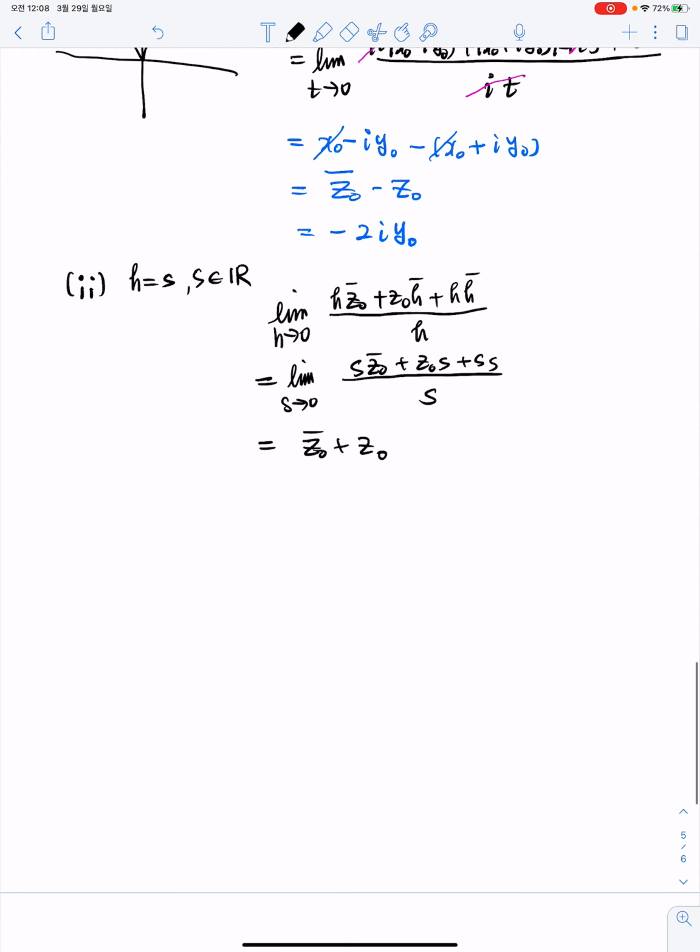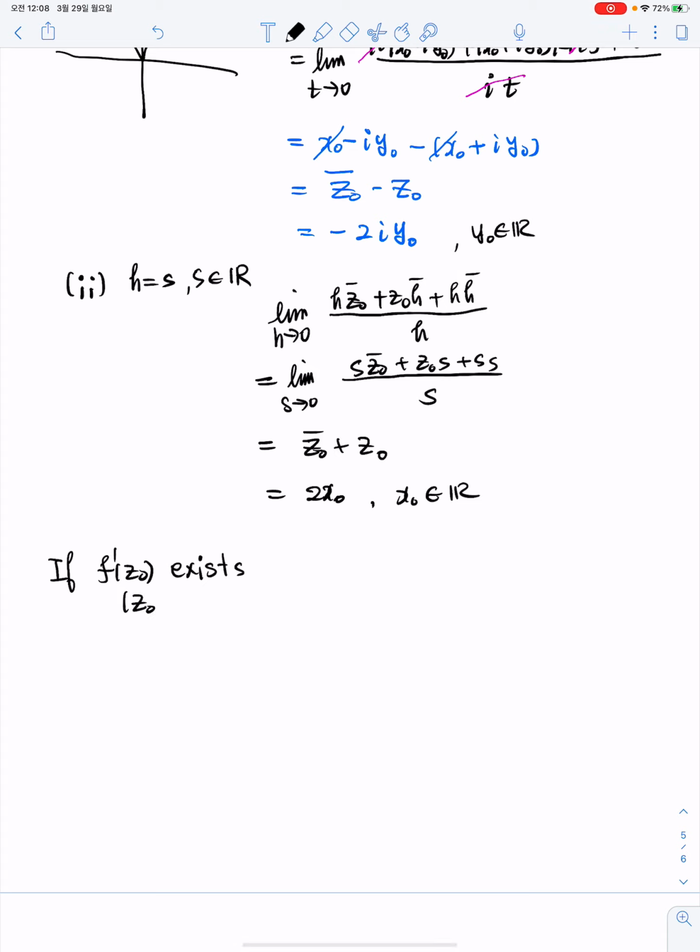So z0 conjugate plus z0 is what? This is 2x0, right? That implies 2x0. Here you know that y0 is real, and x0 is also real. So if f prime z0 exists, in the case z0 is non-zero, then the limit has to be the same.